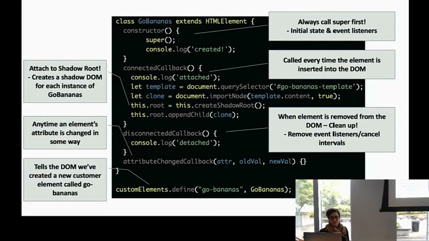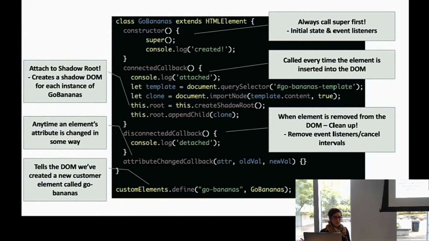And then as the JavaScript goes, here you go, you can create a constructor. Then you also have the connectedCallback and the disconnectedCallback, and every time the element is inserted to the DOM, it's connected. This is where you can also attach it to the shadow root too, and then also the disconnectedCallback where it's removed, and then you can remove some of the event listeners too.